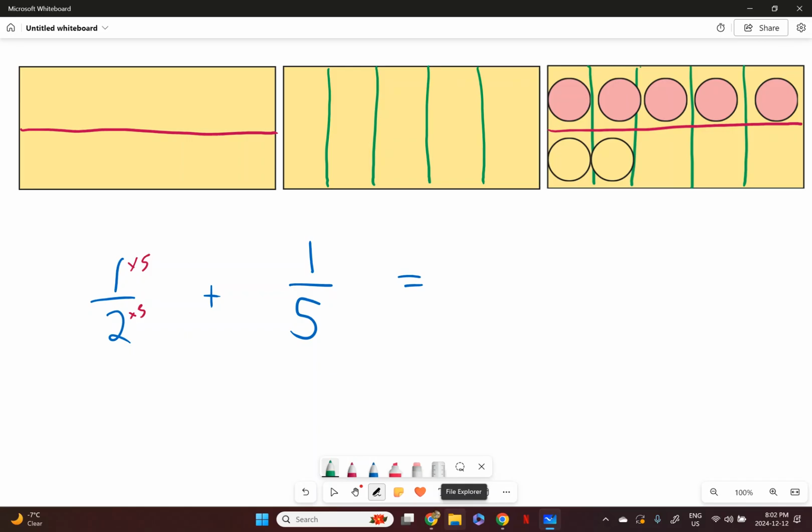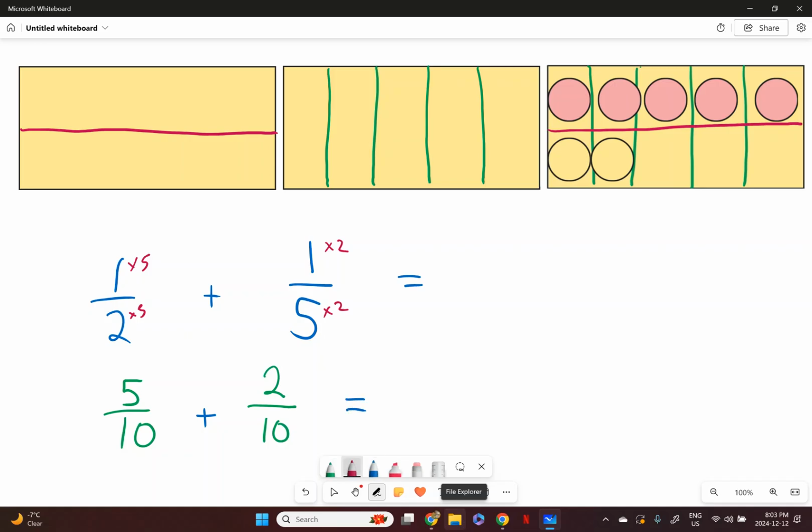So I'm going to end up with 5/10. On the other part of my fraction, I'm trying to get to 10 for my denominator. I know that 5 times 2 will give me 10, so I also have to multiply my top by 2. So in this case, I'll end up with 2/10.